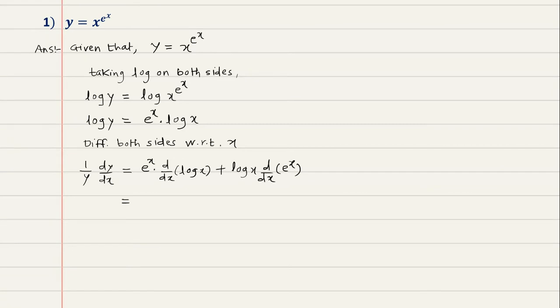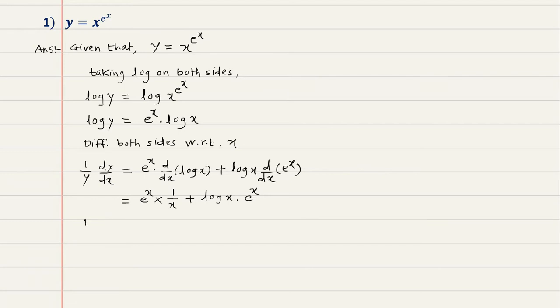So this is by that rule. Now complete this derivative. So e raised to x as it is into derivative of log x is 1 upon x. All of you know this. Plus now log x as it is into the derivative of e raised to x is always e raised to x. Okay. Now we need to find out dy by dx.